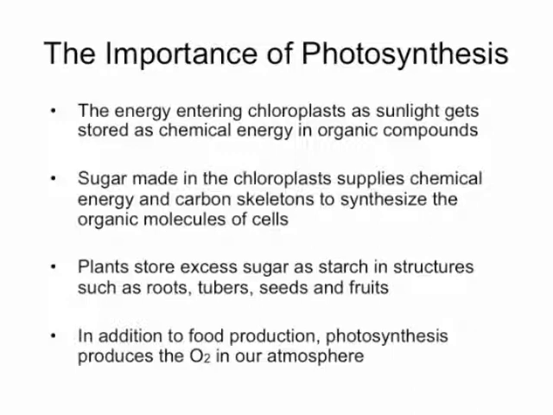So we're making organic molecules and energetic molecules. Plants will then store their excess sugar, so anything that they don't use to either build on themselves or use immediately as energy, they will store as starch primarily. And starch gets stored in structures such as roots, like carrots, tubers, which are like potatoes, so below-ground storage products, seeds and fruits.